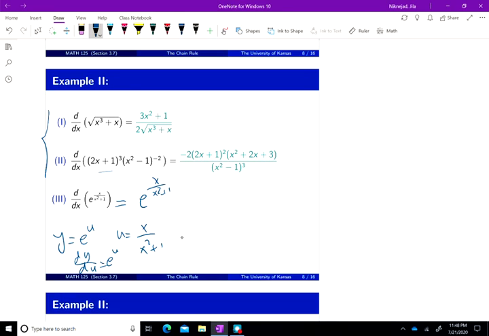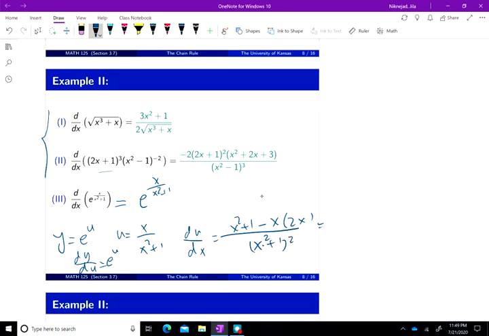Then the inside shell, du/dx, the derivative of the inside, this one is a quotient rule, and it will be the derivative of the top times the bottom minus the top times the derivative of the bottom, divided by the bottom to the power 2.